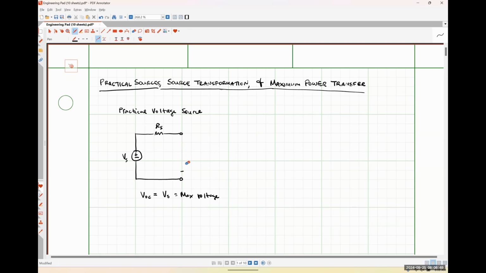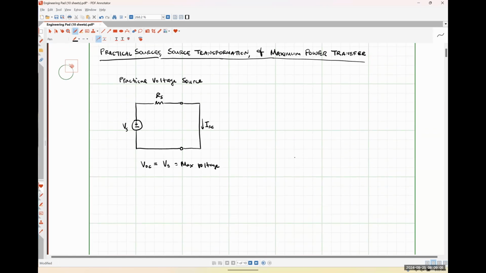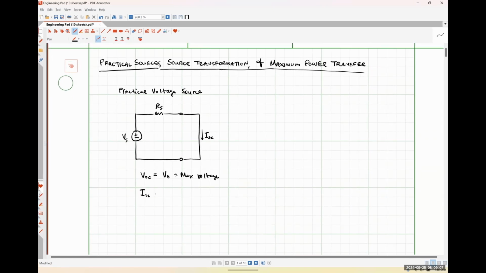Now, instead of open circuiting my terminals, I'm going to short circuit my terminals, and now we're going to determine our short circuit current. So Isc, our short circuit current, what would that be? Vs divided by Rs.